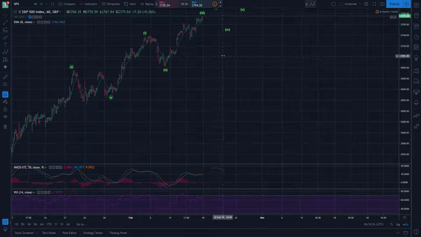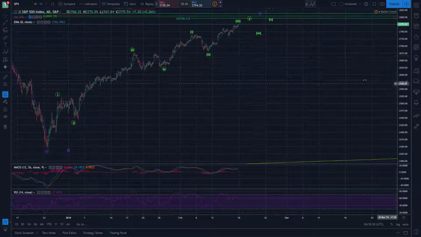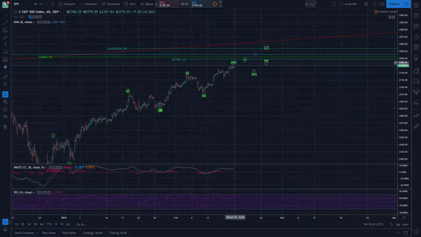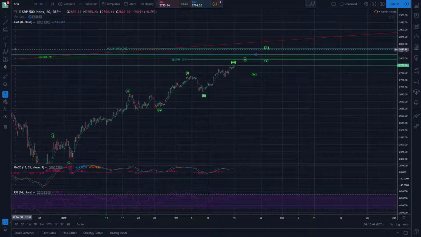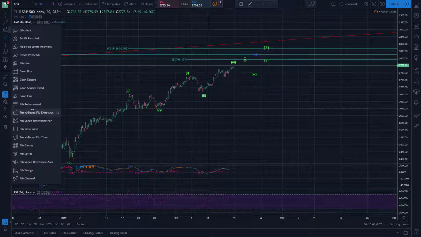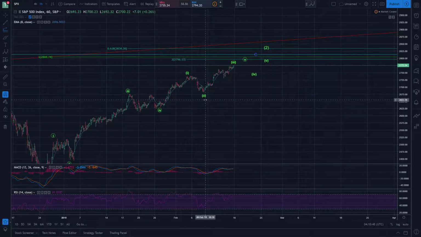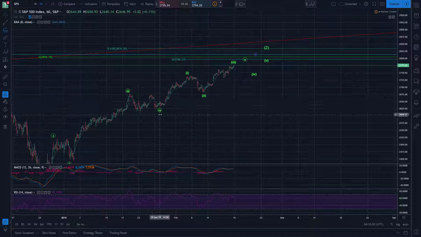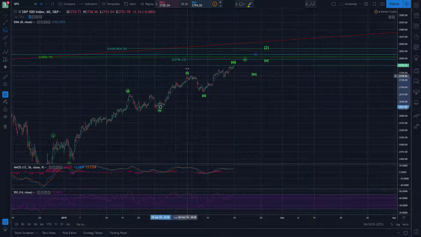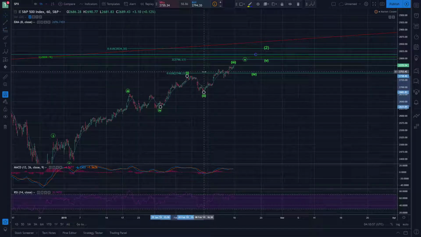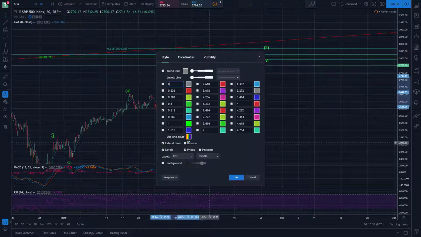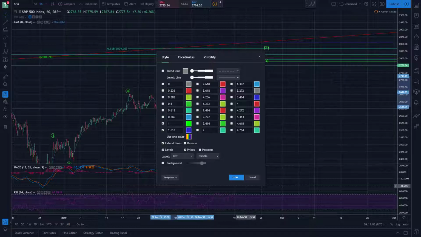Now let's try and work this out here. Just bear with me. If we have 1, 2, let's do a relationship for wave 3, a common one, projected off 2. All right, so we got the equality and then the 1618.